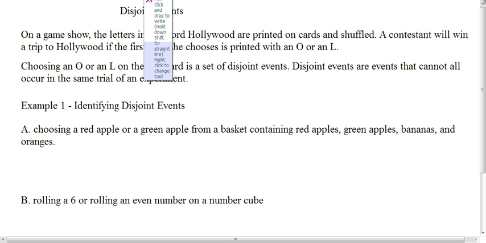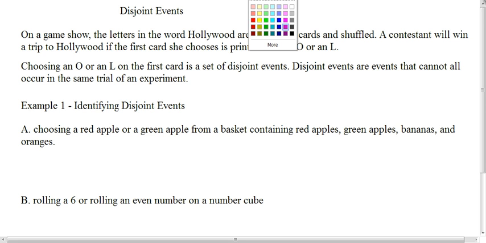So we want to determine, from what we know, if the event is disjoint or not. We want to choose a red apple or a green apple. It has to be disjoint, because we're choosing two different things.